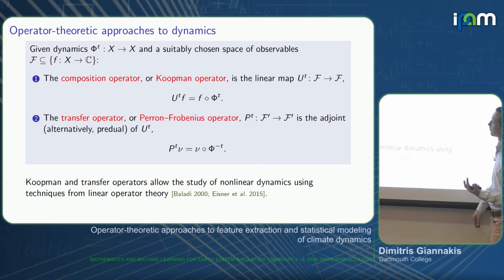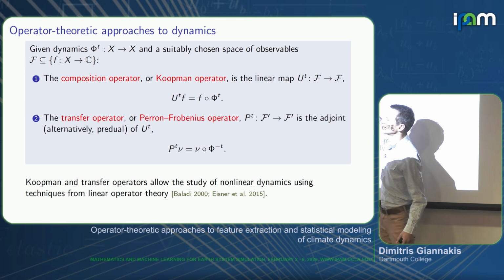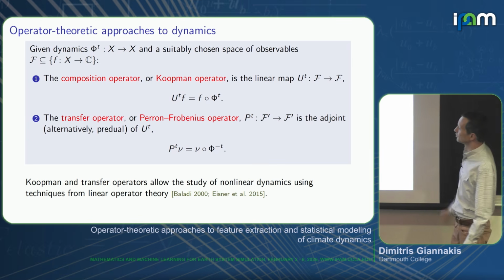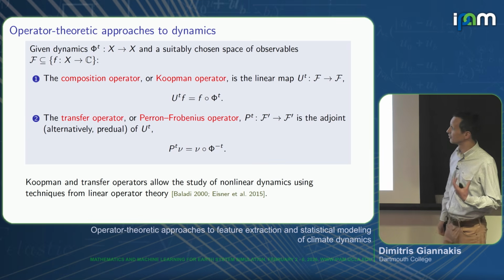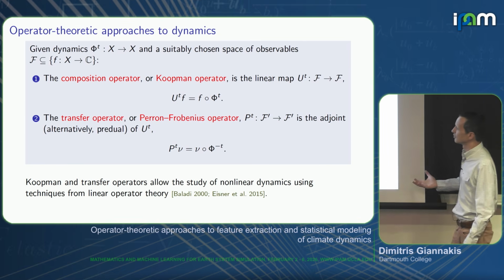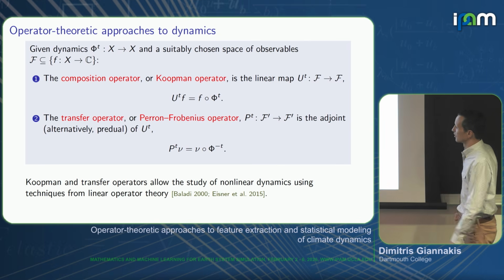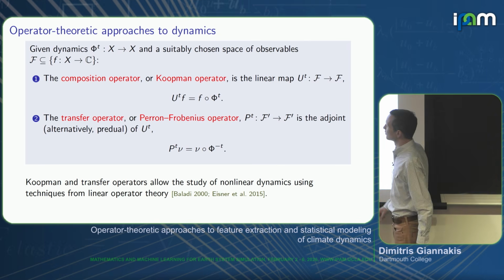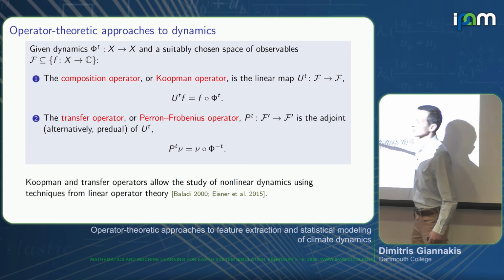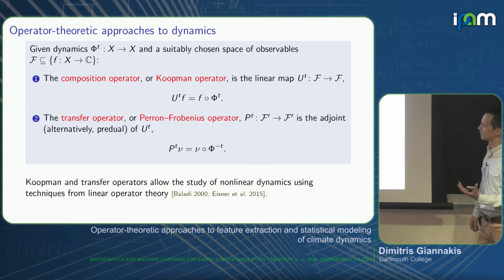So it moves the observable forward in time. And the dual of this operator, which is known as the Perron-Frobenius or transfer operator, acts on measures, for example, probability distributions. And for certain types of dynamical systems, you can characterize it by the inverse of the map.